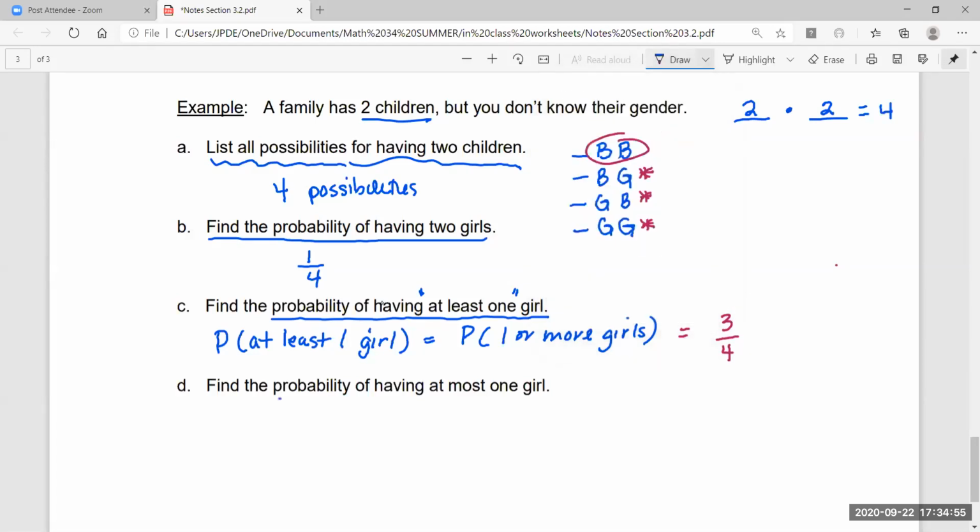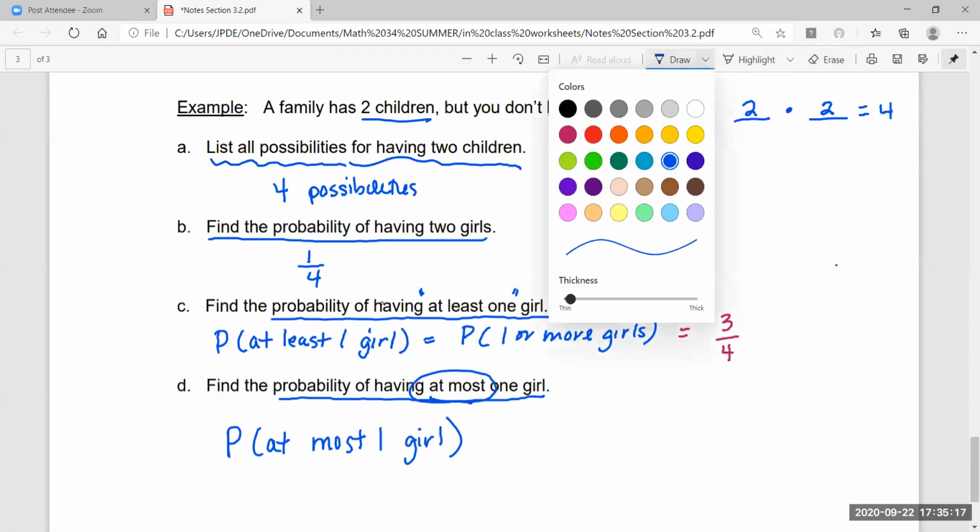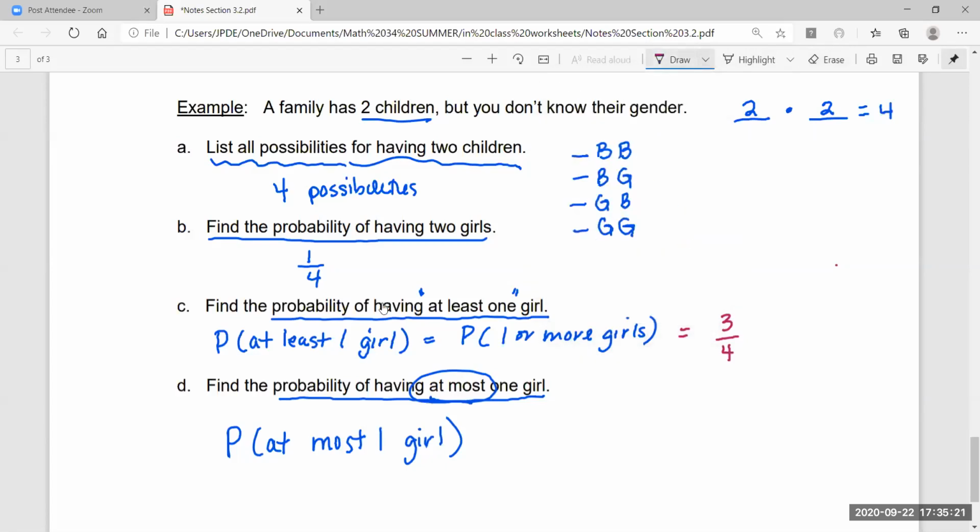The last one says find the probability of having at most one girl. At most, you have one girl. Well, let's go over here. At most, one girl.